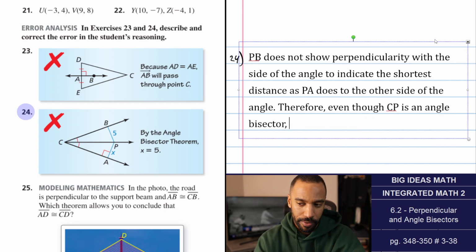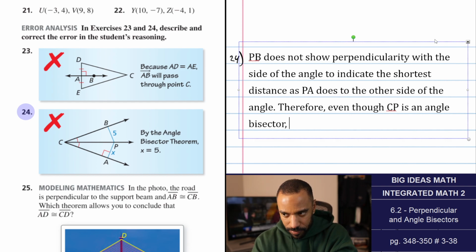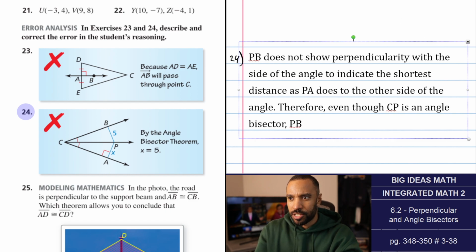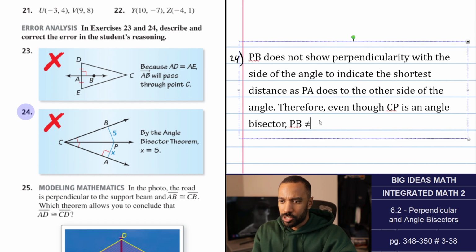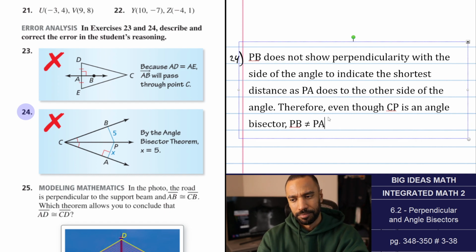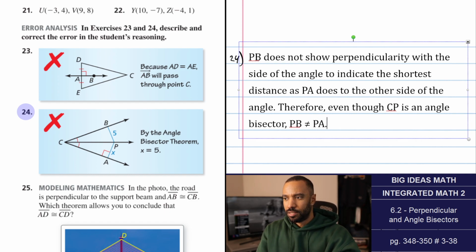So let's see. How do I want to say that? Therefore, even though CP is an angle bisector, PB does not necessarily equal PA. I'm just going to say that.